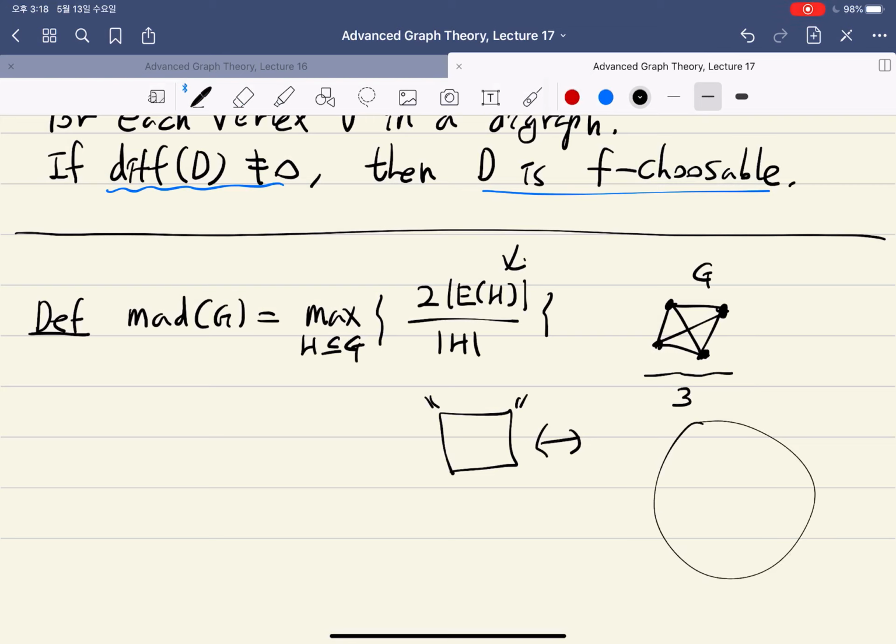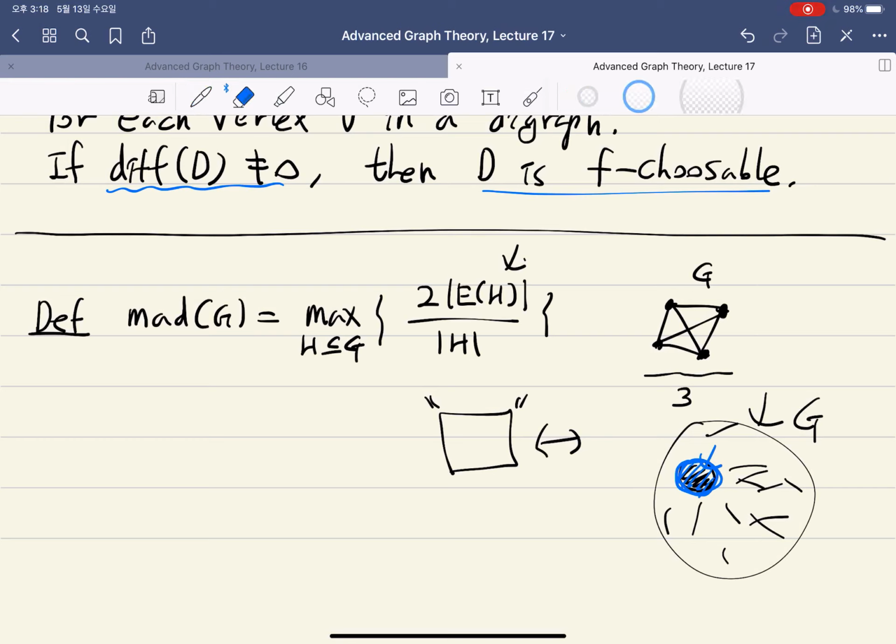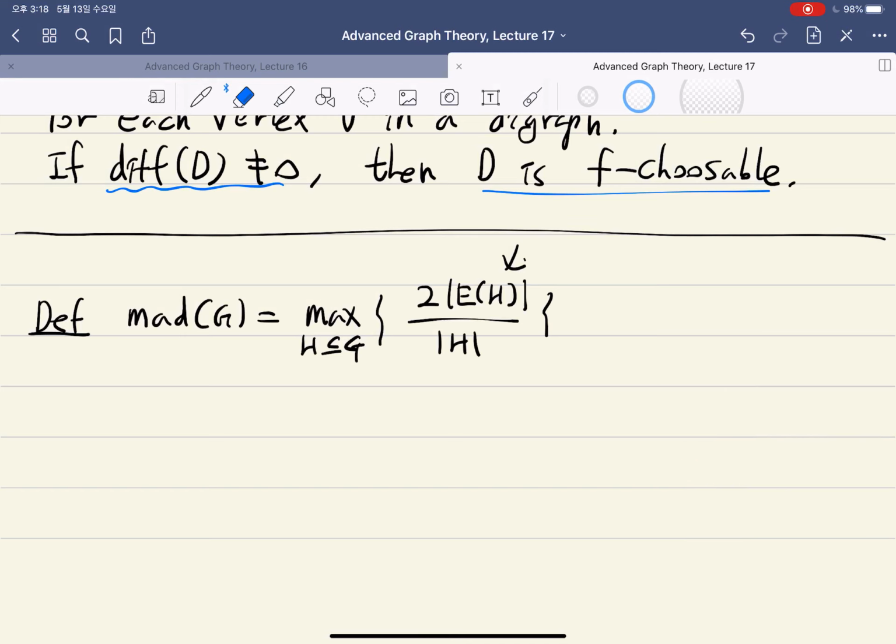Similarly, you can have a large graph G, and here we have a very dense part, and then here we have a very sparse part. Then we don't really care about the density of this part. The more important thing is the maximum average degree in here. So that motivates us to define this maximum average degree.